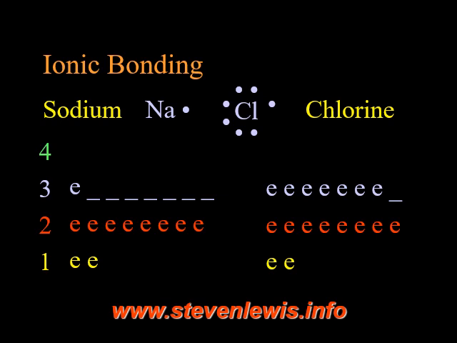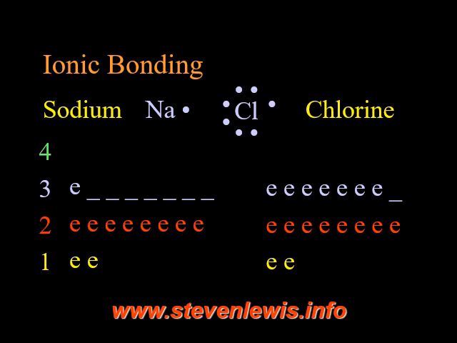Chlorine cannot solve sodium's problem by covalently bonding with it. But if it takes that lone electron from the valence shell of sodium, then chlorine can complete its outer shell while leaving sodium with a complete outer shell, its second shell.